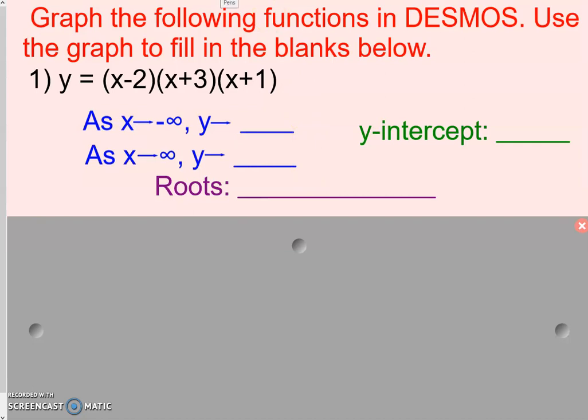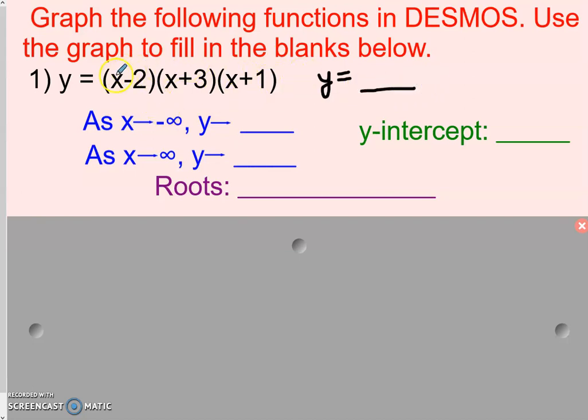And so when I think about this problem, if I want to determine, say, the end behavior, I want to know what that leading term is. And when I start multiplying all these things together, it becomes a really big polynomial, but all I care about for end behavior is the first term.